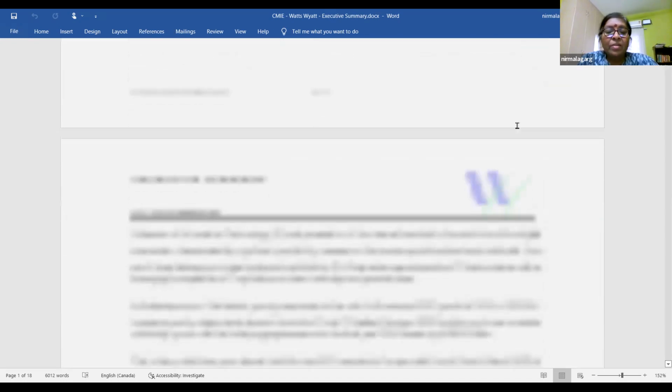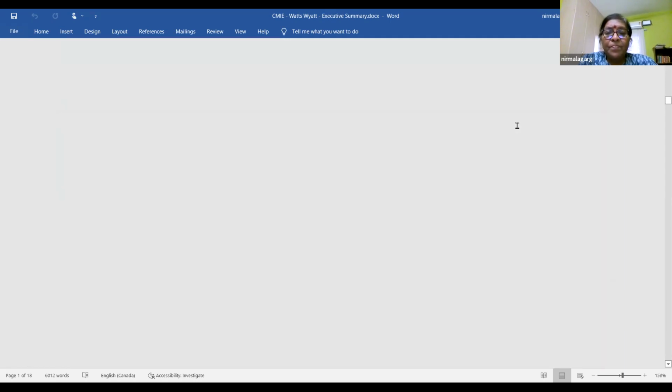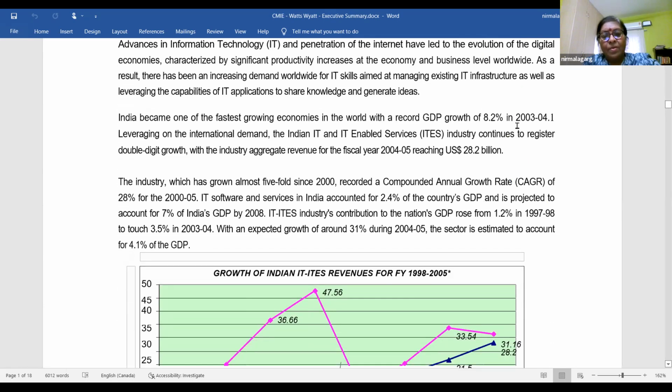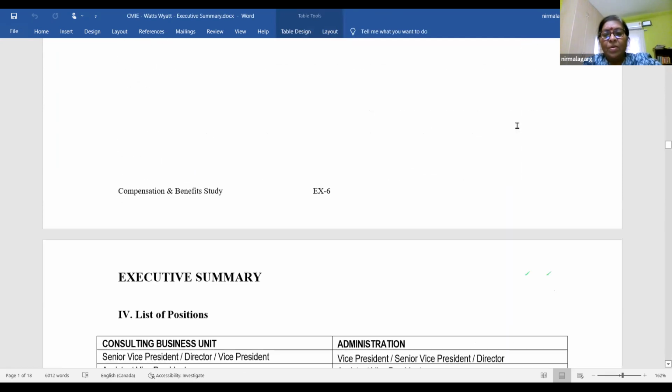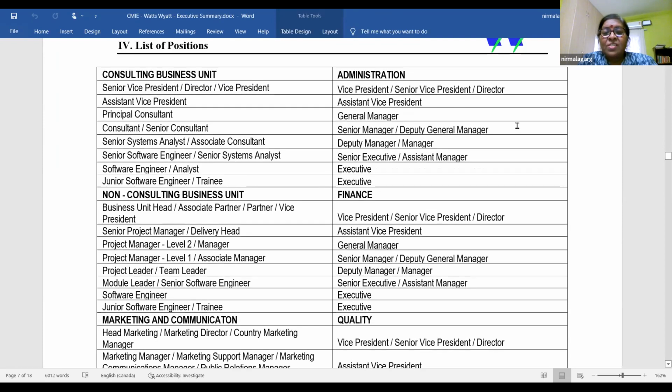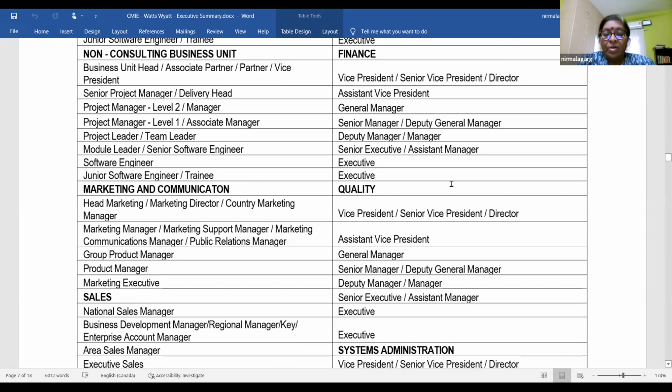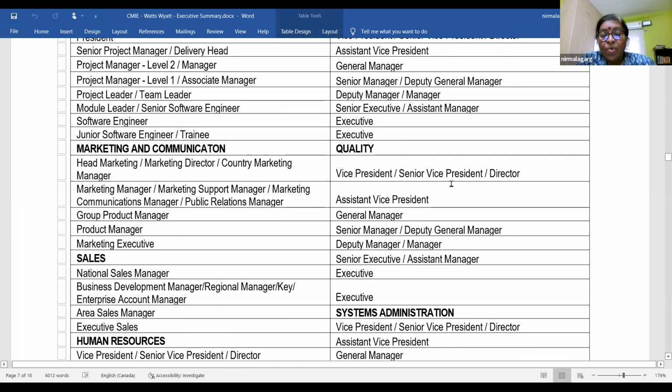How many positions? 65 positions. All those 65 benchmark positions have been categorized or clustered under various functions and job families, like consulting business unit, non-consulting, marketing and communication, administration, quality, sales, etc. So when you take benchmark positions, the first thing you do is put them under various job families.